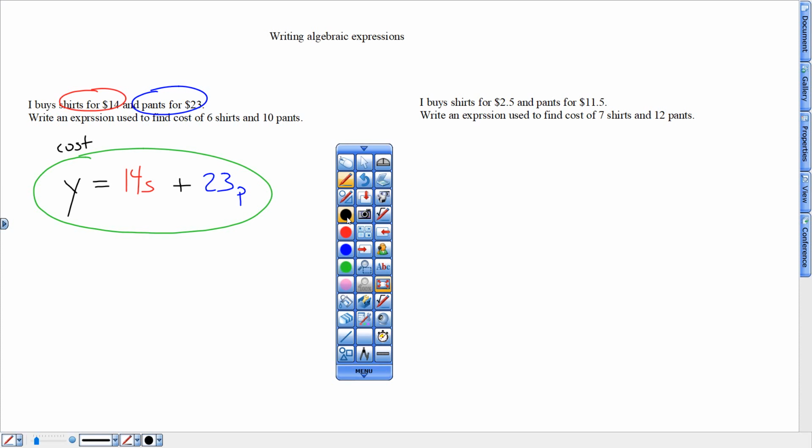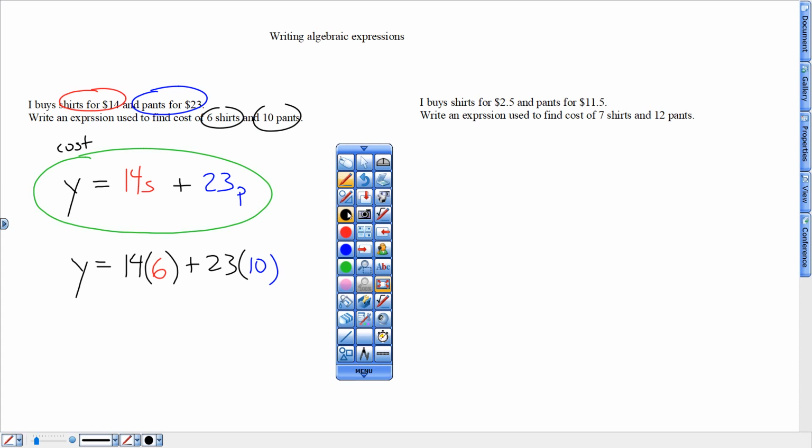To find the cost for 6 shirts and 10 pants, I'm just plugging those numbers in. Where shirts is, I'm going to plug in the number of shirts, and where pants is, I'm going to plug in the number of pants, and then just do the math. Buying 6 shirts at 14 bucks and 10 pairs of pants at 23 bucks, that gives me 14 times 6.